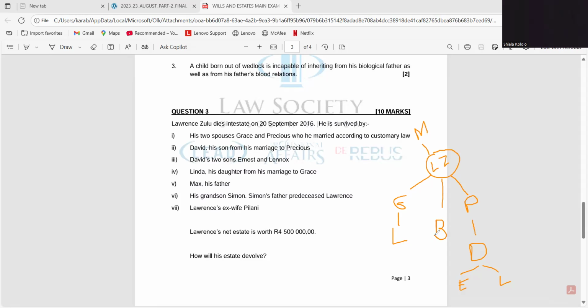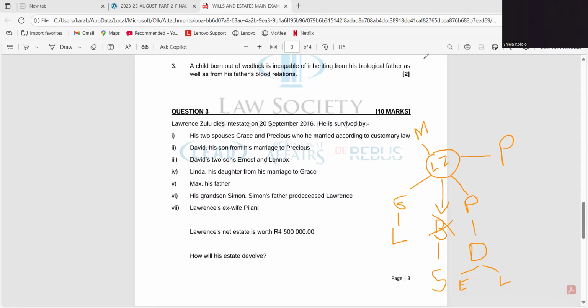I just put it down here because we don't know who Simon's mother is, but we are not concerned about it. So Bob has Simon, but Bob is predeceased. And then Lawrence's ex-wife, Pilani, is completely on the side.